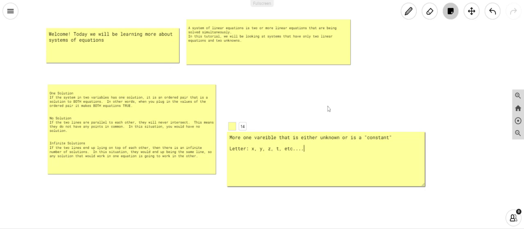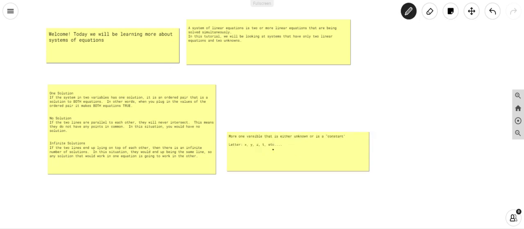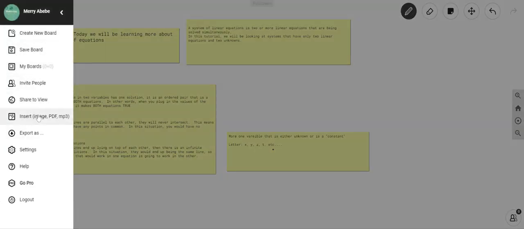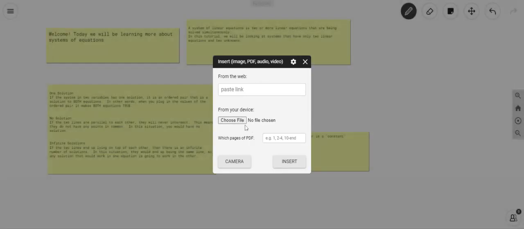Yeah, it will be two or more equations. So an example of this, if I can just pop it up really fast.